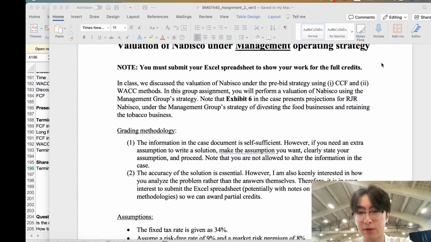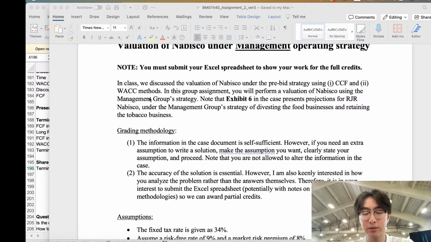And in order to justify the bidding price, they had to make a forecast of future cash flows for the company. So the management group, these guys were the people that had already managed the company. These were the chairman of the board, also the CEO at the time, F. Ross Johnson, and I think the vice chairman.